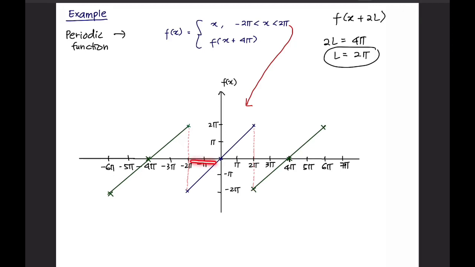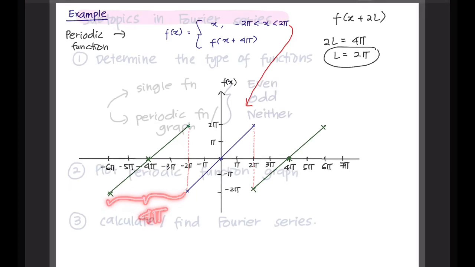So from negative 2π to 0 is 2π, and this one is 2π also. So overall is 4π. And the same pattern of this graph is repeated after 4π. From here to here is 4π. The same for this side also, from negative 2π to 2π is 4π.